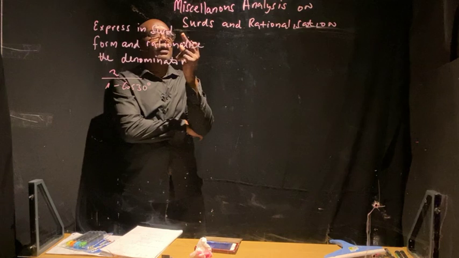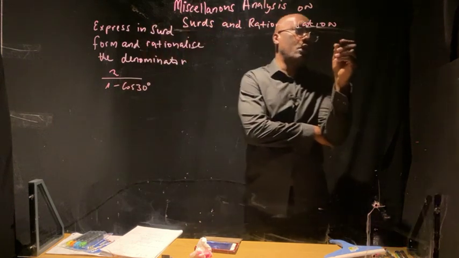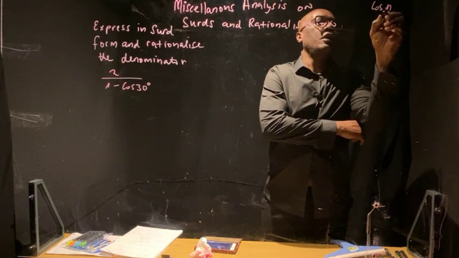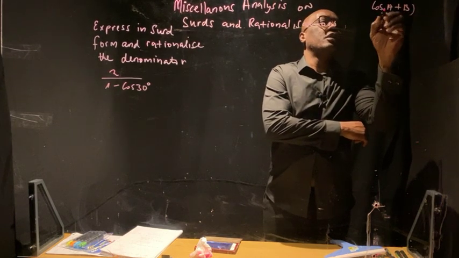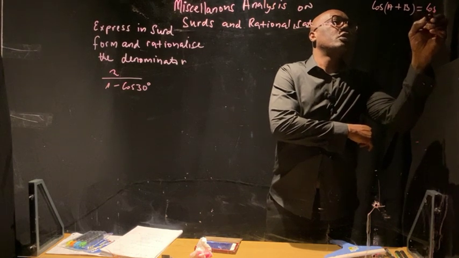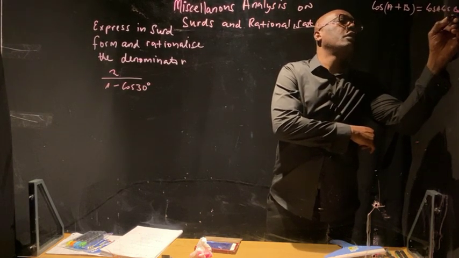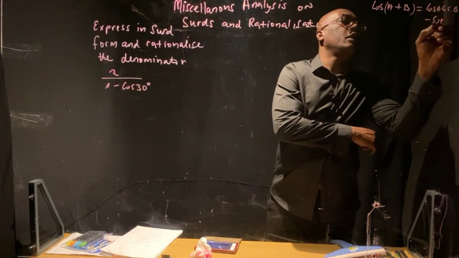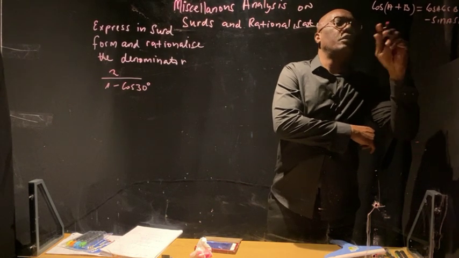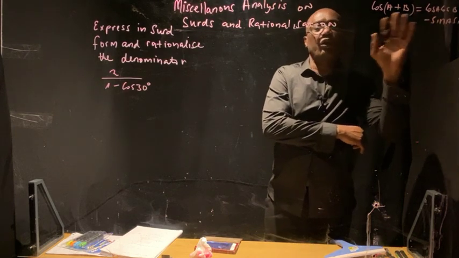If we come to trigonometry, I will show you that cos A plus B is equals to cos A cos B minus sine A sine B. But anyway, that's not the point at this time. We don't need it.